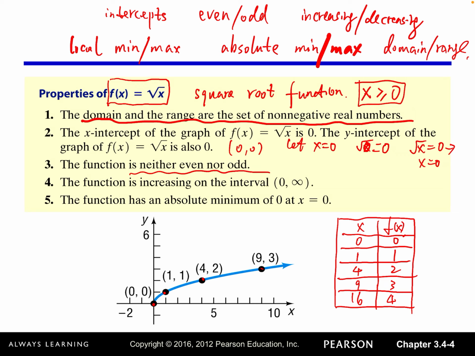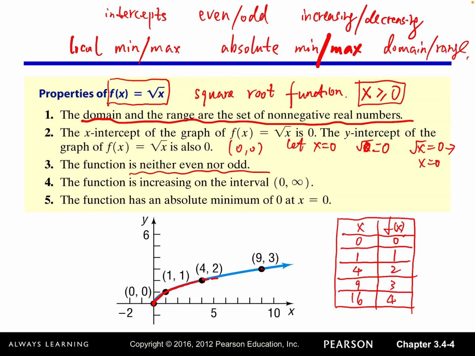Remember the theorem, that's an if and only if case, which means both directions. If the graph is symmetric with respect to the y-axis, then the function is even. If symmetric with respect to the origin, then the function is odd. So since it's not symmetric with those, the function is neither even nor odd.